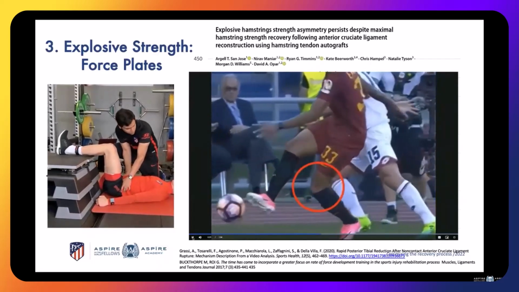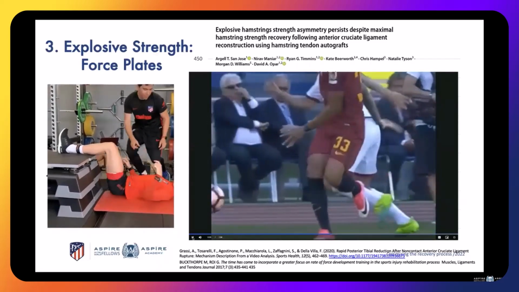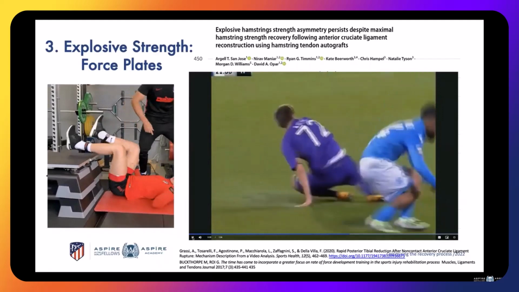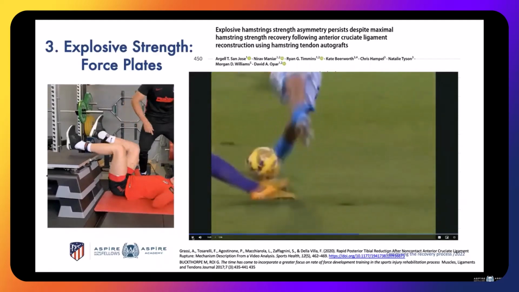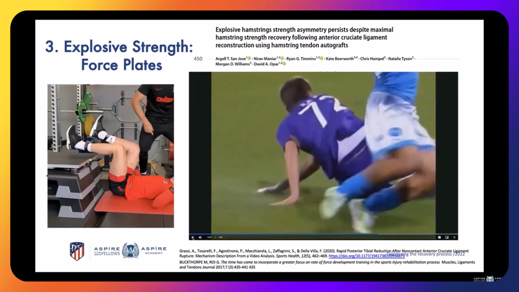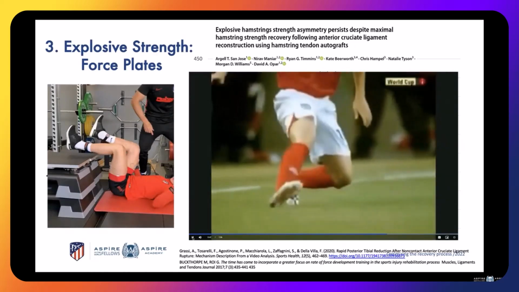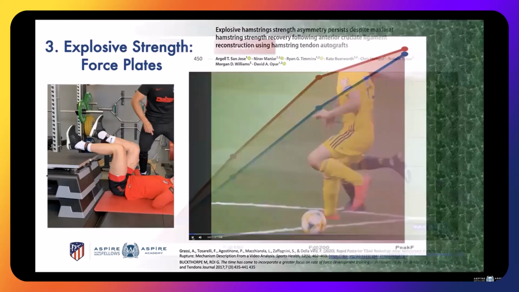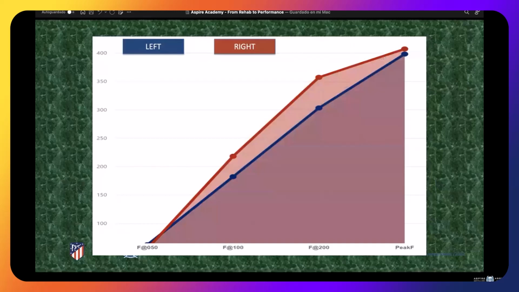This is an example of how we assess explosive strength, and at the same time we have the surface EMG on the biceps femoris and semitendinosus to see what each of them is doing during that quick recruitment. And this is how we differentiate both capacities: explosive strength at 90 and 100 milliseconds, and the peak force.